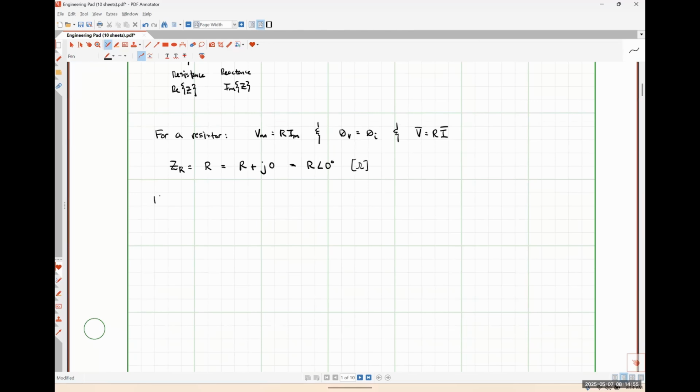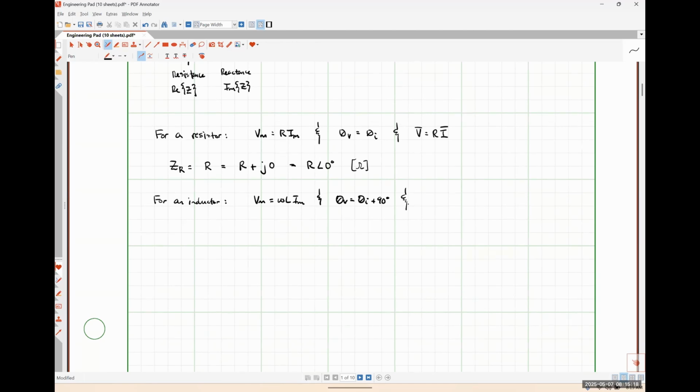For an inductor, we know that the magnitude of the voltage is equal to omega L times Im. And we also learned that theta V is equal to theta I plus 90 degrees.